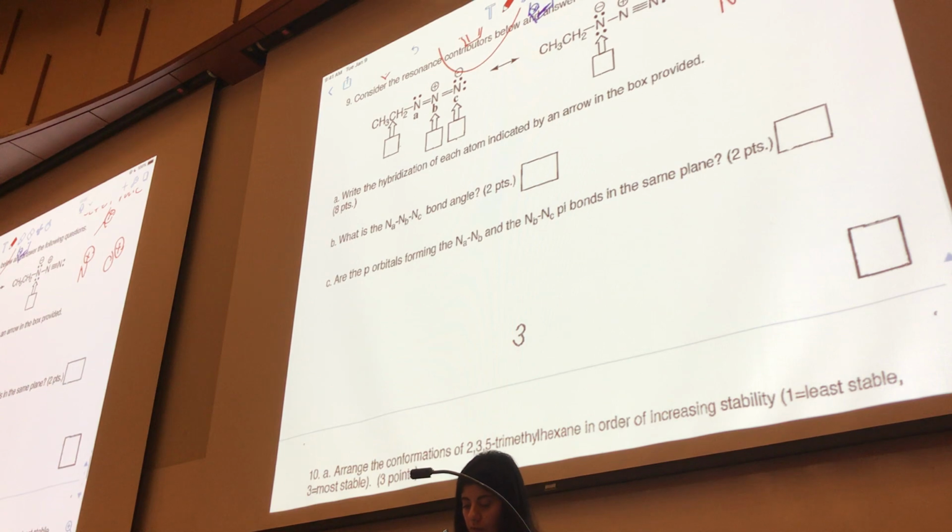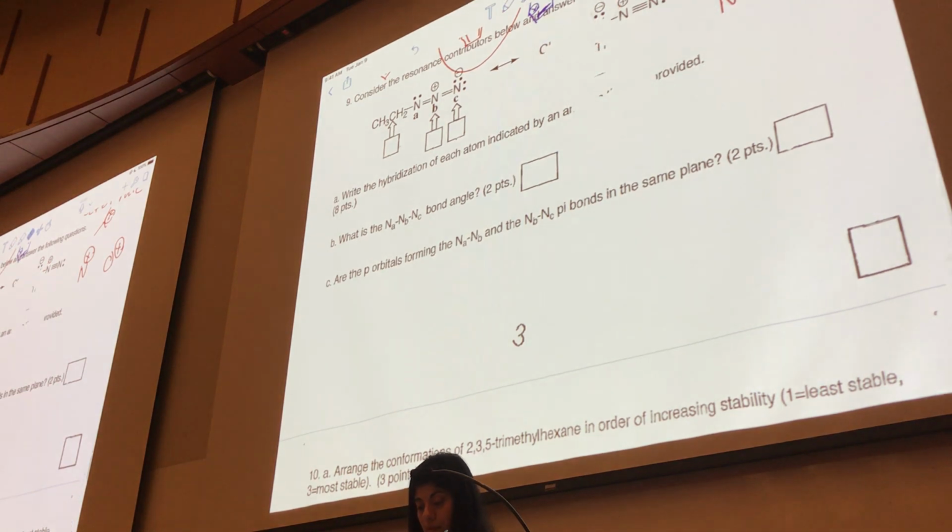So for hybridization, we have our options of sp, sp2, sp3, and that's it. We're going to want to consider resonance. Here, she gives you the resonance structures. But let's say she did not give you the one on the right, then I believe she would expect you to be able to draw the other one and take that into account. But she gives it to us, so that's really helpful.